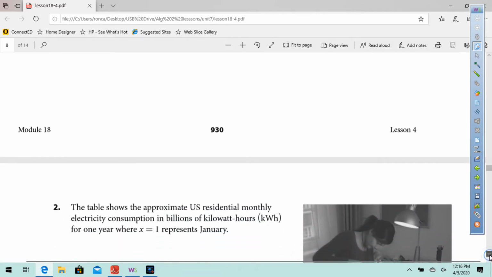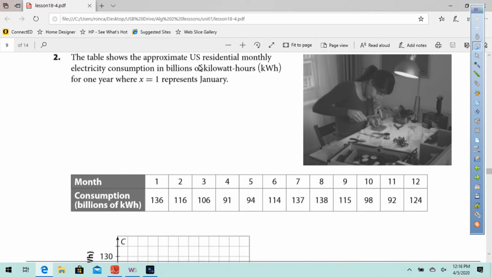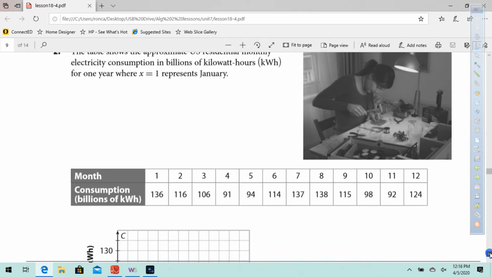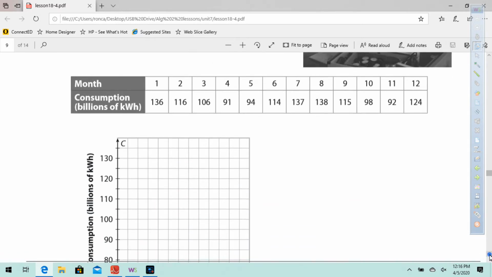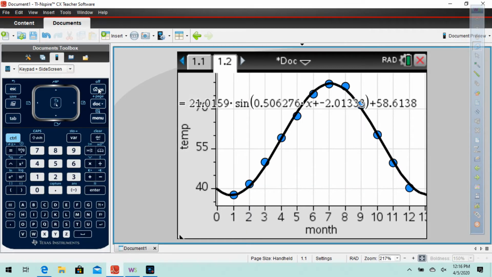Number 2, the table shows the approximate U.S. residential monthly electricity consumption in billions of kilowatt hours for 1 year, where x equals 1 is January. All right, so we're going to do the same thing we did before. So we got month, and then we're going to have consumption. Let's go back to our calculator. I'm going to clear all this out so it doesn't confuse everything when I'm putting stuff in.